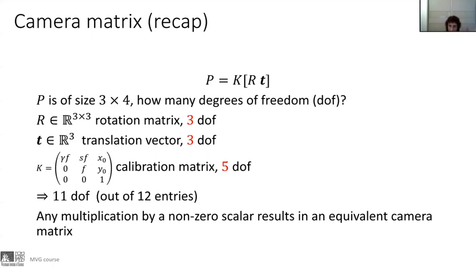The projection is obtained in homogeneous coordinates, which means that we divide the resulting 3-coordinate vector by the third coordinate, and therefore P and P times some alpha are the same P. So we have only 11 degrees of freedom. This is the enumeration of the degrees of freedom of the camera.